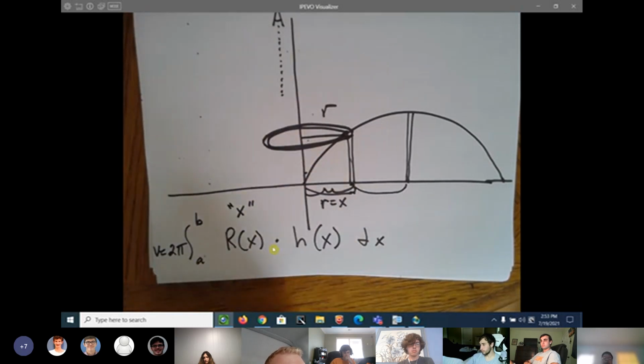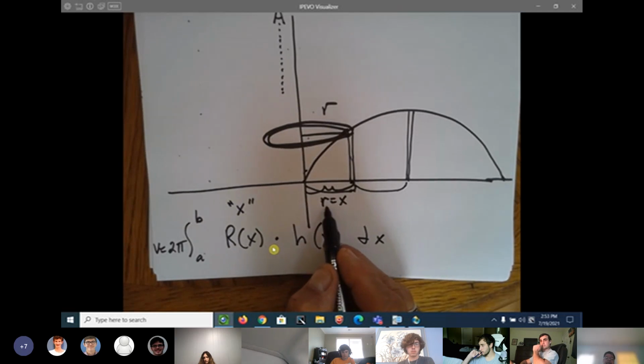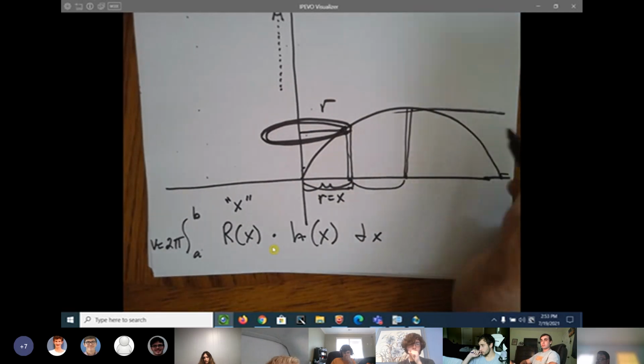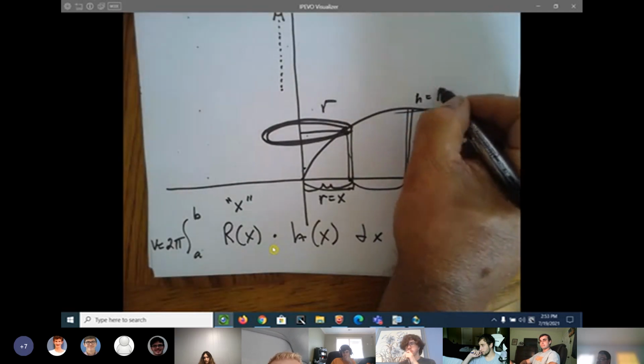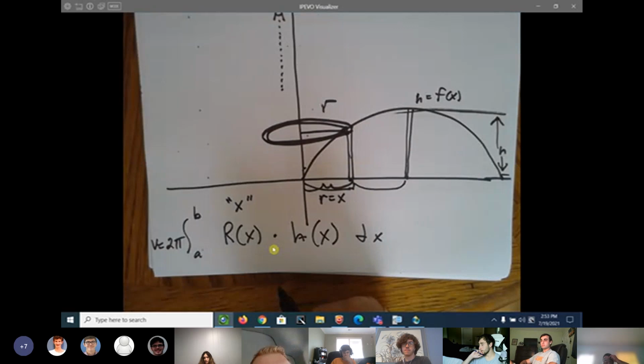And x will always be in your shell equation. X will always be there because x is the radius. And the height is equal to the actual function. The height is equal to the function. Everybody with me?